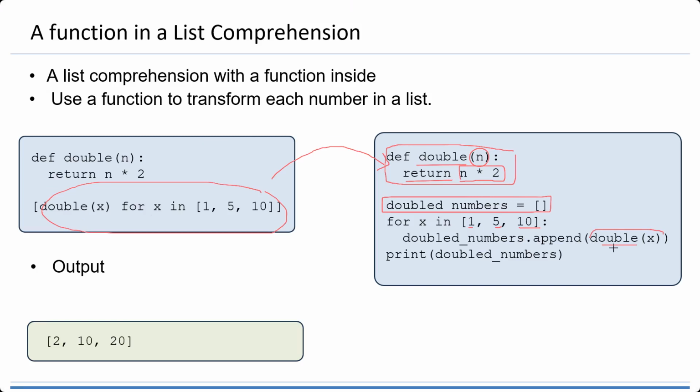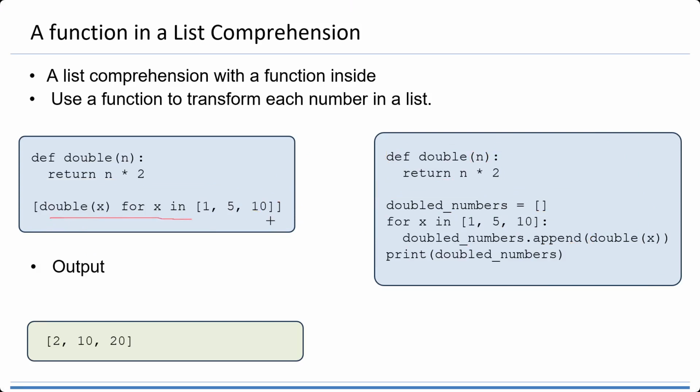The value that you double will be appended into the list. So this statement is the same as this statement. With the list comprehension, you get a concise way, or you can just write it in one statement.